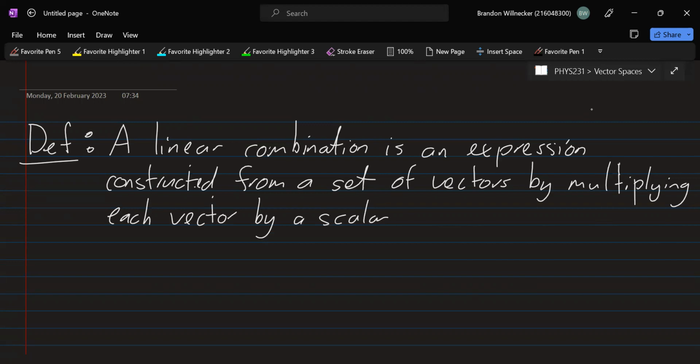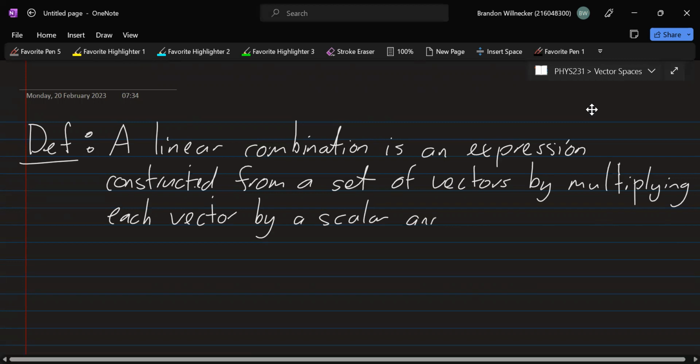Okay, so we do our scalar multiplication on each of the vectors by different scalars and adding the results.